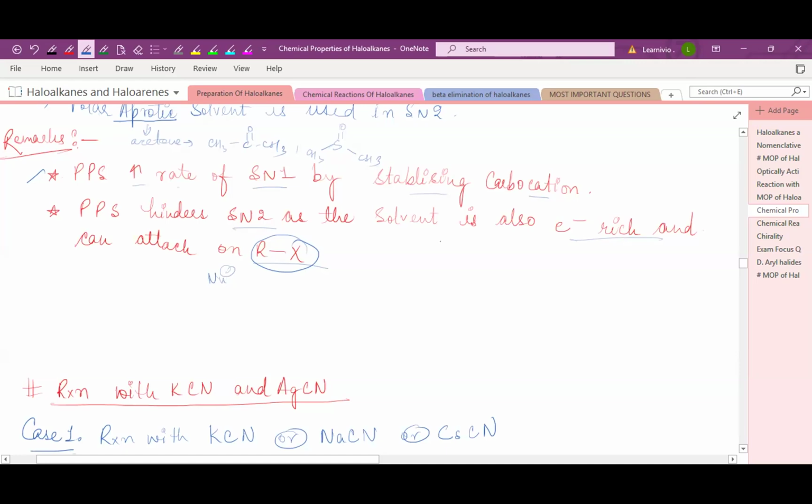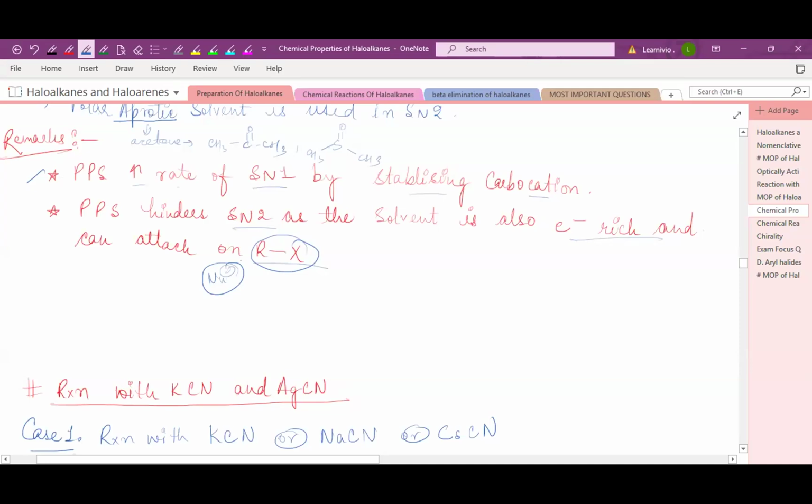But what happens when you use the polar protic solvent in the SN2 reaction? The polar protic solvent is again electron rich. So instead of the nucleophile attacking, the polar protic solvent can attack the RX. Here the nucleophilic substitution reaction will not occur, because instead of the nucleophile, the polar protic solvent will attack this R group.